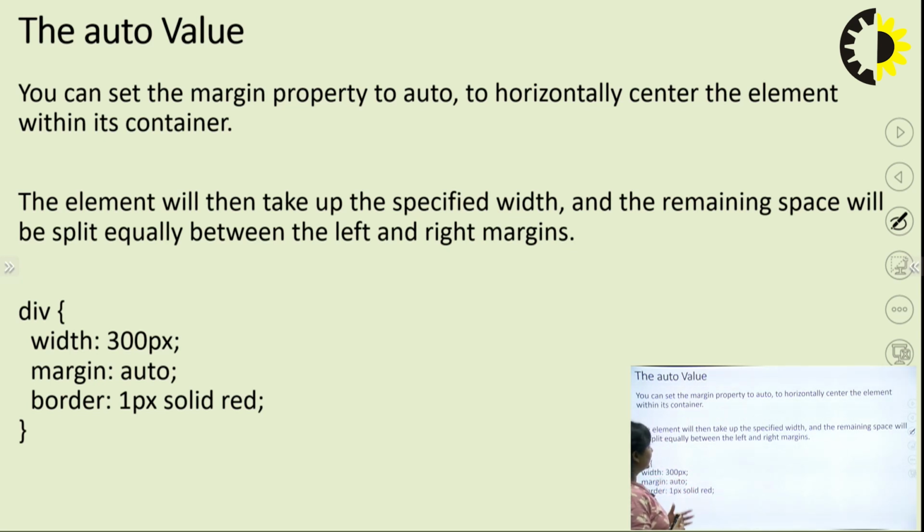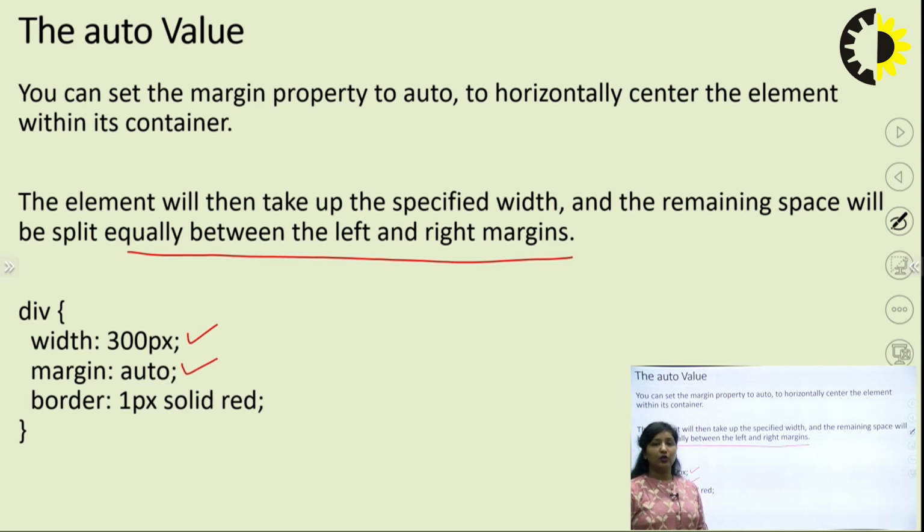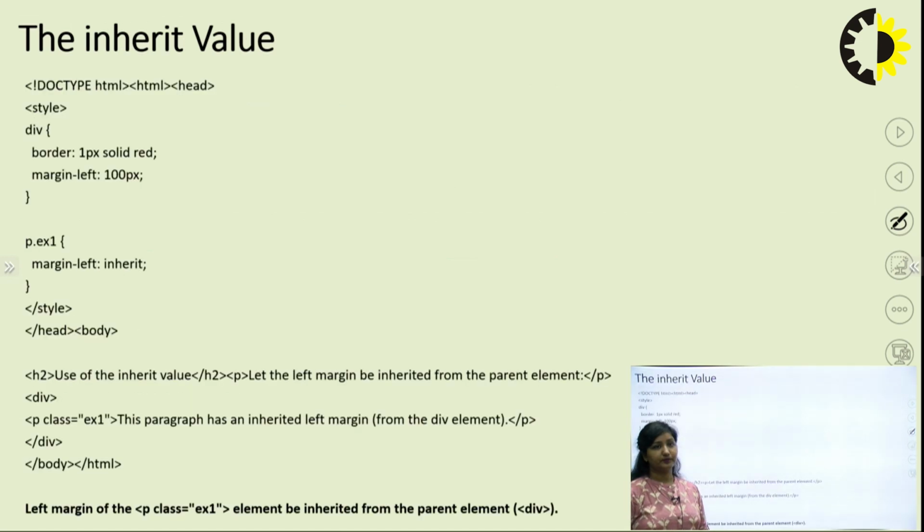The element will take up the specified width, and the remaining space will be split equally between the left and the right margins. If I use width 300 and margin auto, it will take the specified width and automatically divide the rest between the left and the right margins.